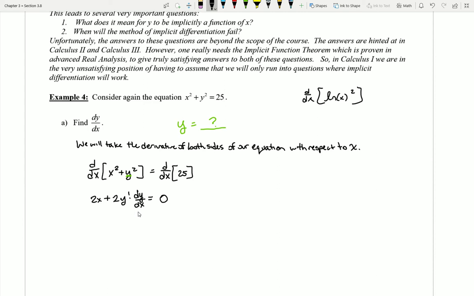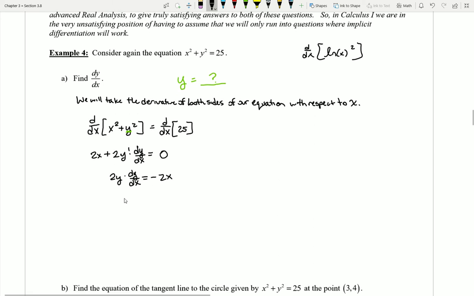And I should be able to say, absolutely. This goes back to a skills check question. I'm just interested in getting dy dx on its own side. So I could do that by starting with moving my 2x to the other side and getting negative 2x over there.